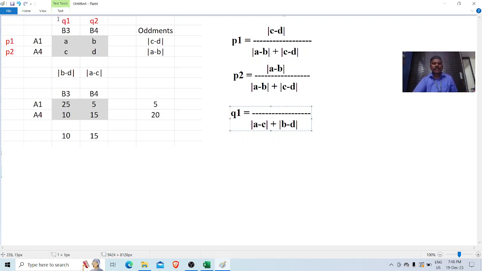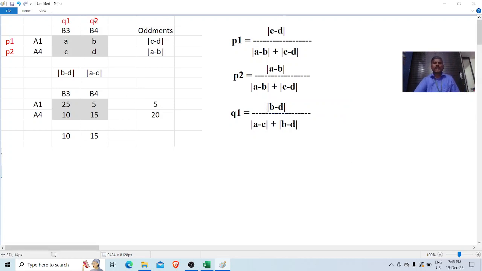We are finding Q1 value and the corresponding modulus is B minus D, and that will be our numerator. Modulus of B minus D is our numerator.